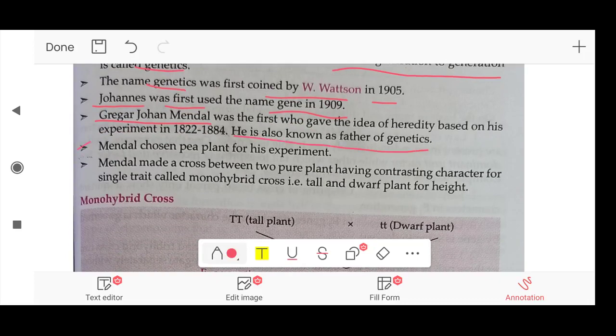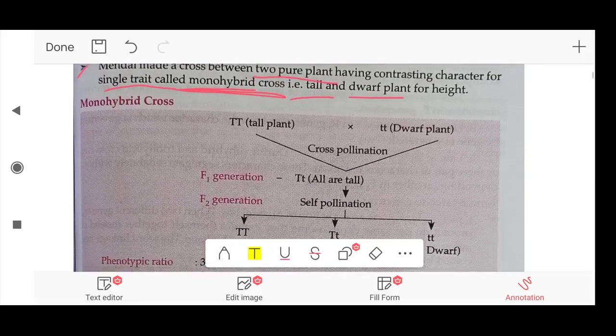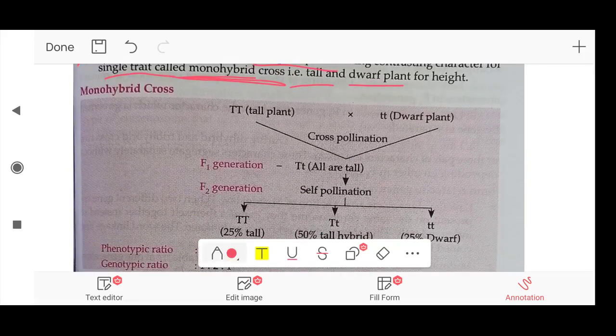Mendel chose a pea plant for his experiment. Mendel made a cross between two pure plants having contrasting characters for a single trait, called a monohybrid cross, that is, tall and dwarf plant for height. So what Mendel did, he made a cross between two pure pea plants having contrasting characters for a single trait.